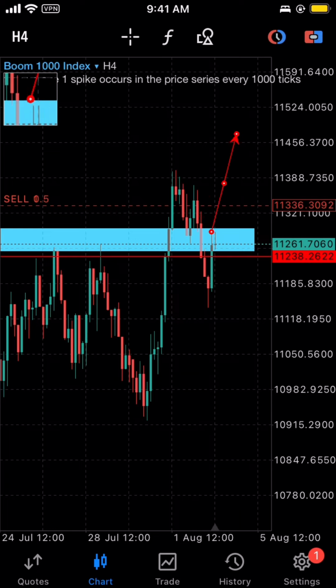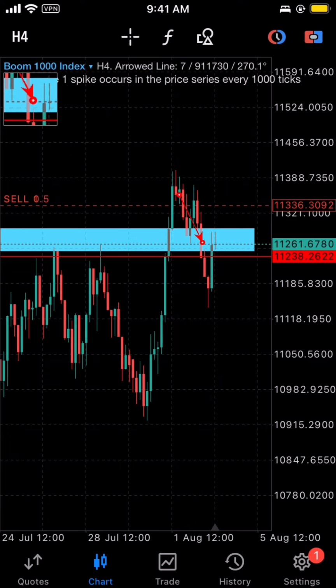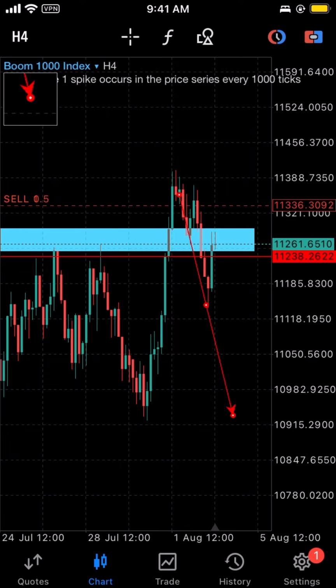They'll be taking buy trades here. But the market does the opposite, wipes out the buyers, wipes out the sellers, and goes in the market makers' way. So if you want to be on the smart money side, you always have to wait for these liquidity grab zones. Wait for the liquidity area.